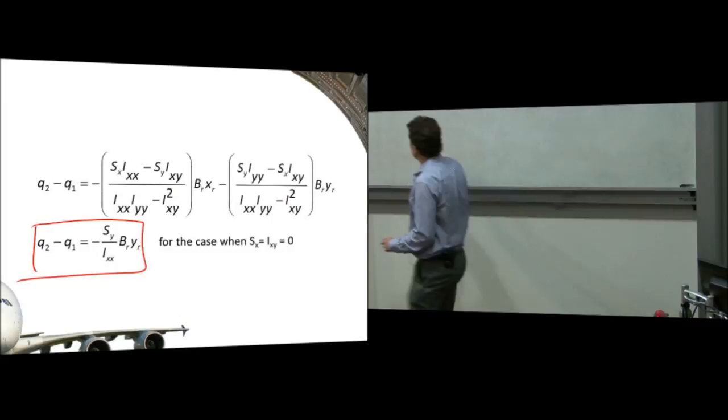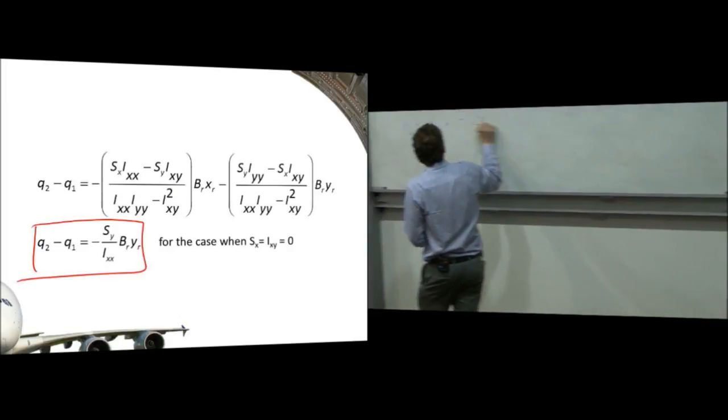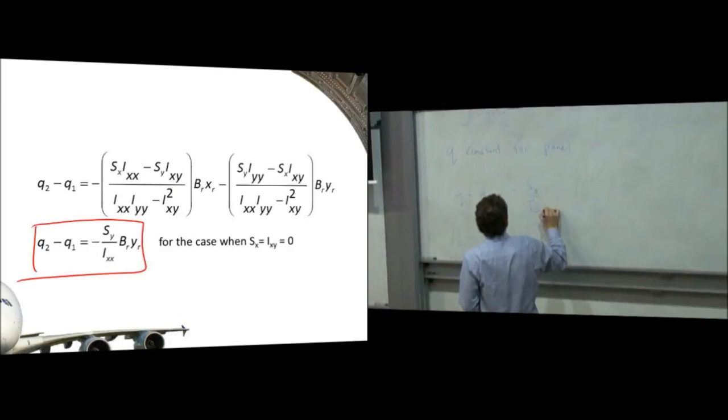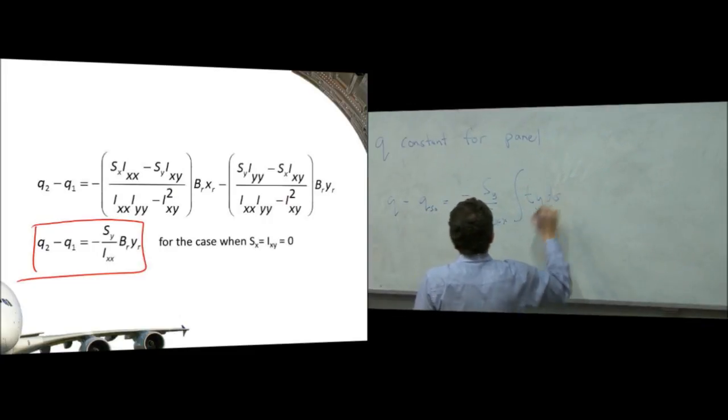So before we had q minus qs naught equals minus Sy on Ixx, the integral of ty ds.